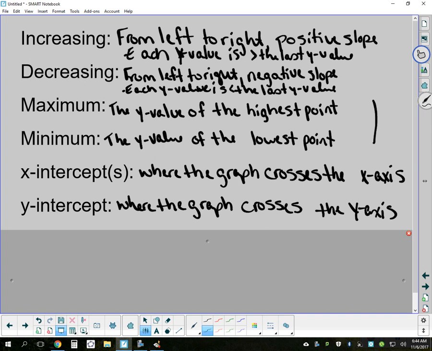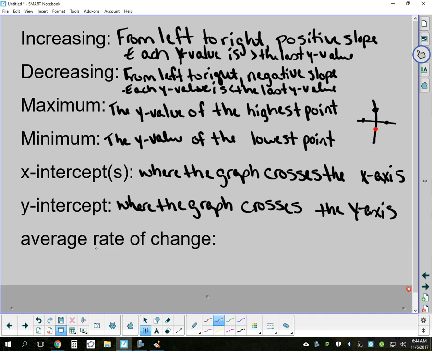If you think about that, we're talking about a function. So there could be more than one place where it crosses your x-axis, but there could not be more than one place where it crosses your y. I could not have a second y-intercept, because if I did, then I would not pass the vertical line test. I would have 2 points on the same vertical line. So it's possible to have more than one x-intercept, but not more than one y-intercept for a function.